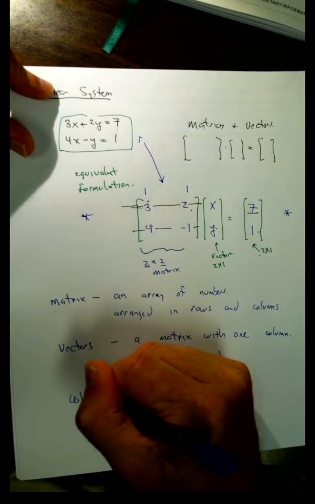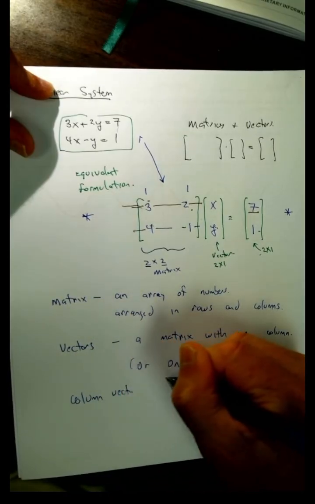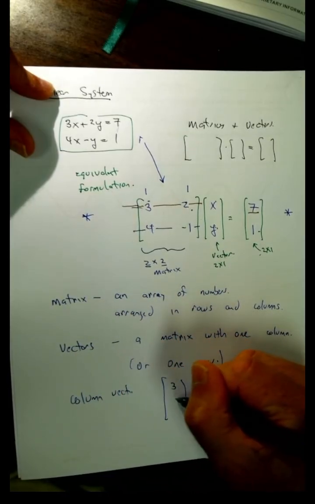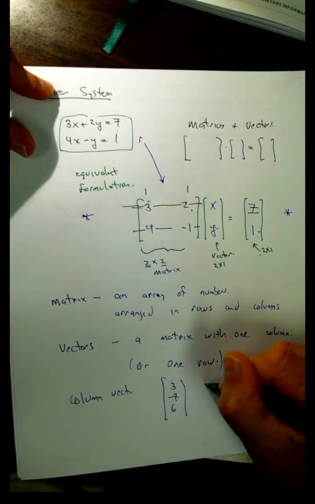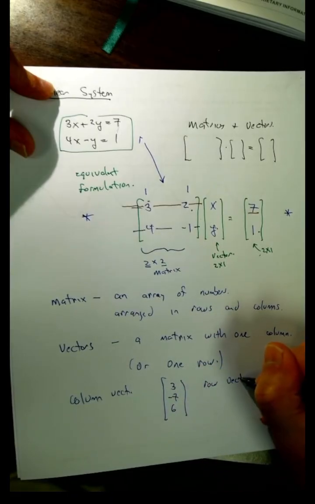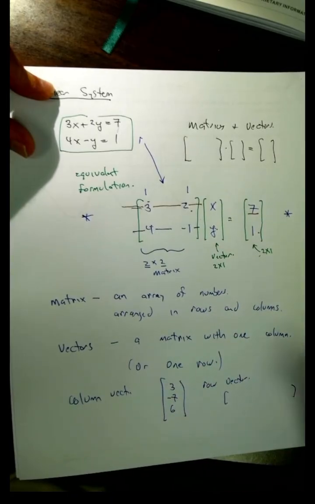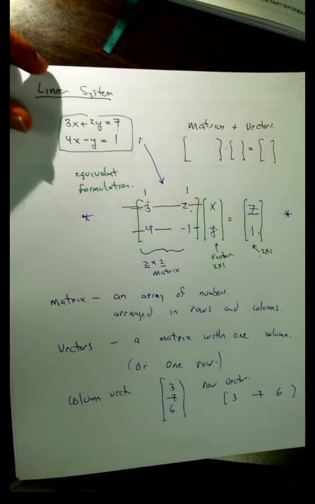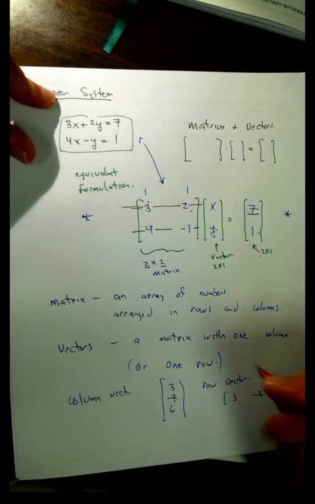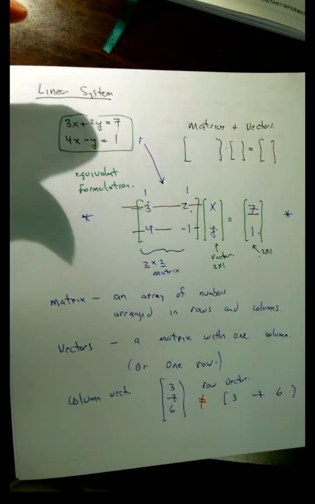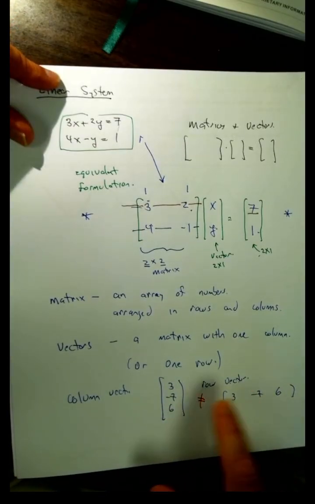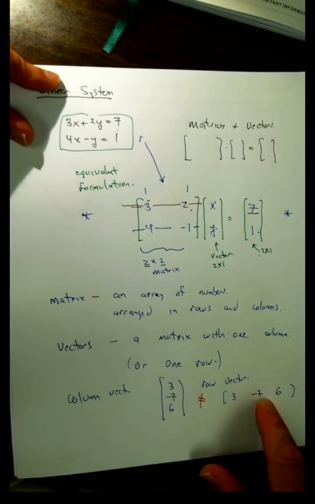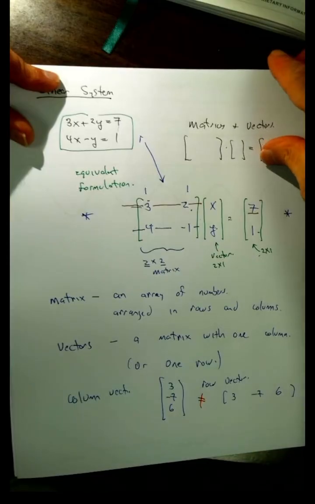So a column vector is going to be a set of numbers written like this. And a row vector is going to be a bunch of numbers arranged in a row. Okay, and it's important to recognize that even though these numbers are the same, these are different things because we cannot compare a column vector to a row vector. They're just different.